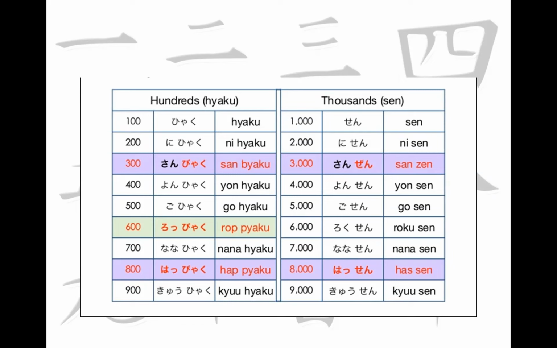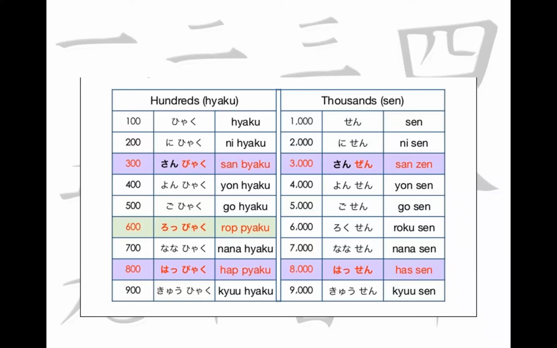For 4,000, yon sen. Again, yon sen, 4,000. For 5,000, go sen. Again, go sen, 5,000. Now, 6,000, roku sen. Again, roku sen, 6,000. Now, 7,000, nana sen.